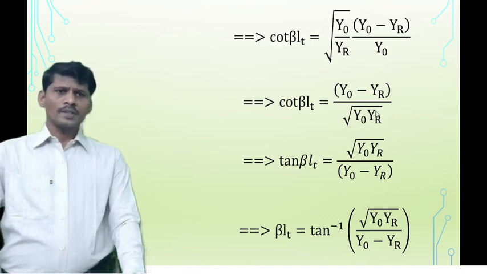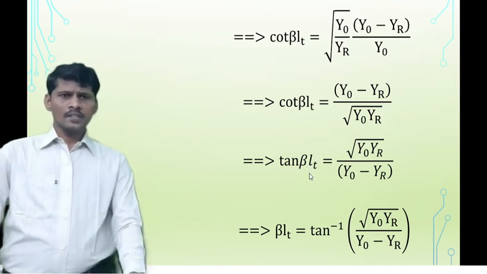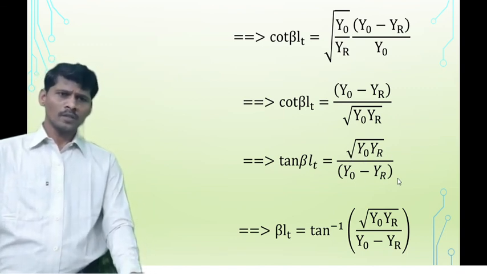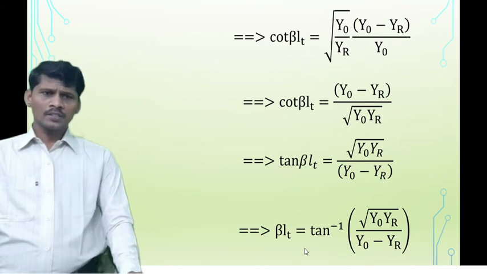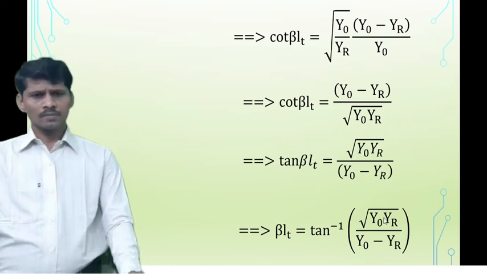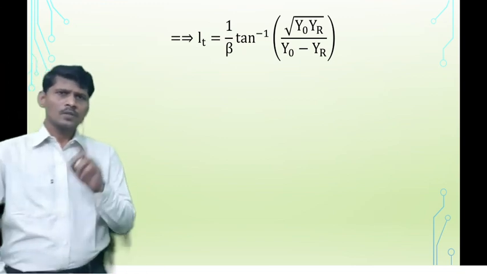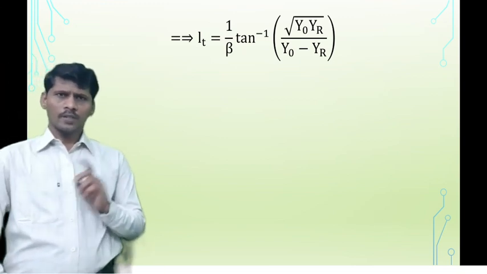And this is the cot beta Lt value, and tan beta Lt is 1 by cot beta Lt, that is equal to square root of y naught yr by y naught minus yr. Beta Lt is equal to tan inverse of the RHS term, and Lt is equal to 1 by beta into tan inverse of square root of y naught yr by y naught minus yr.